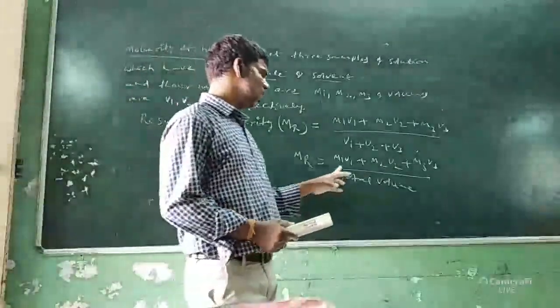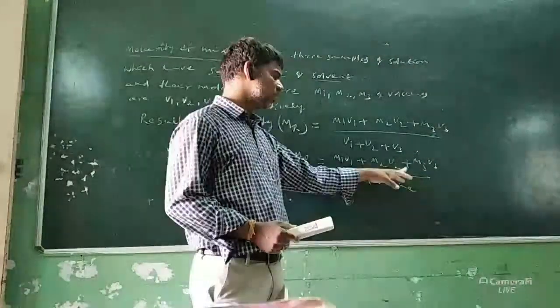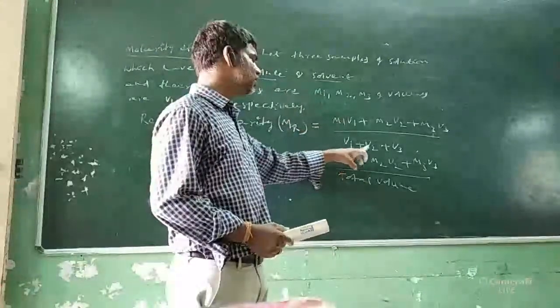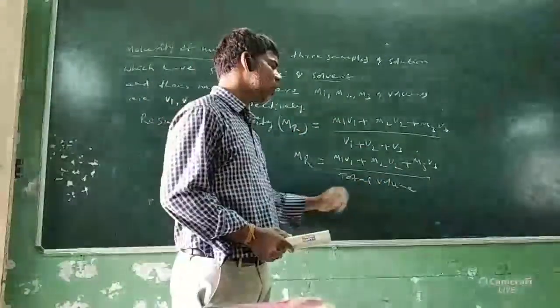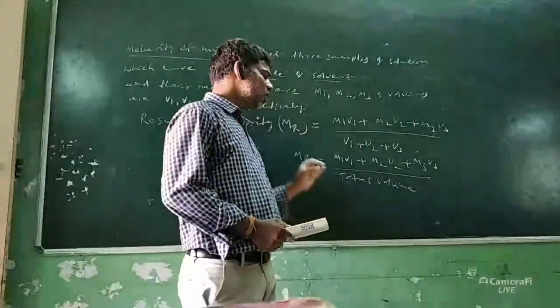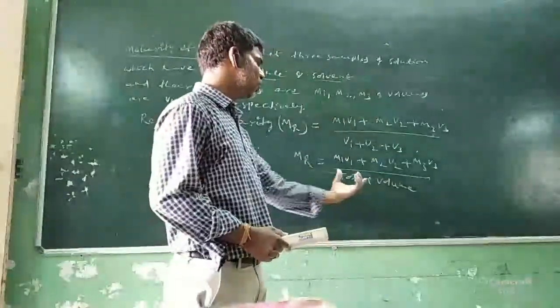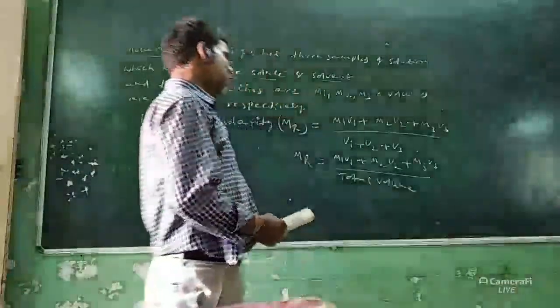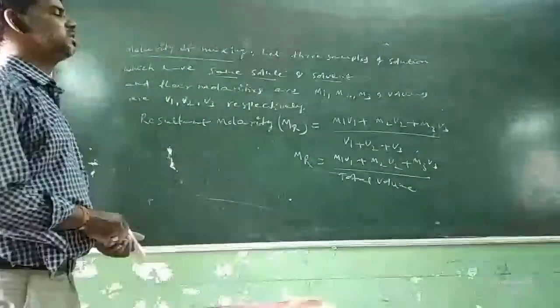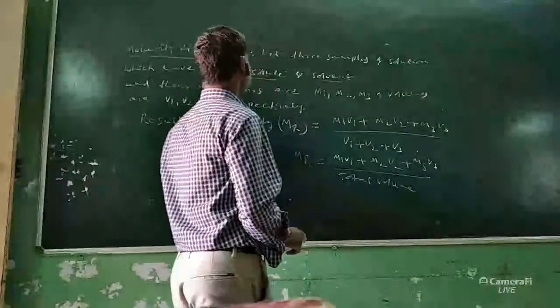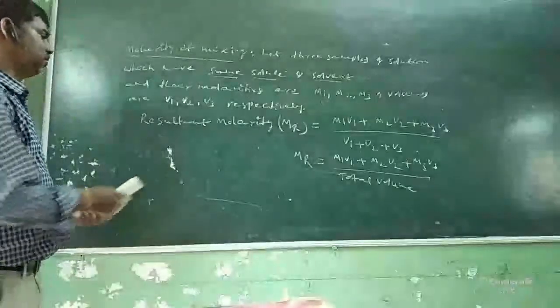Otherwise, if they give a volume which is more than V1 plus V2 plus V3, then we calculate the total volume. That total volume has to be taken here. So MR is equal to M1 V1 plus M2 V2 plus M3 V3 by total volume. So it is the molarity of mixing.